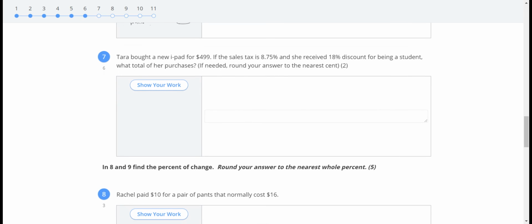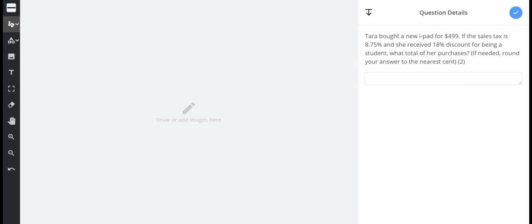Number 7. Tara bought a new iPad for $499. If the sales tax is 8.75% and she received 18% discount for being a student, what is the total of her purchases? And as before, if you need to, round to the nearest cent. All right, so the whole price for the iPad is $499.